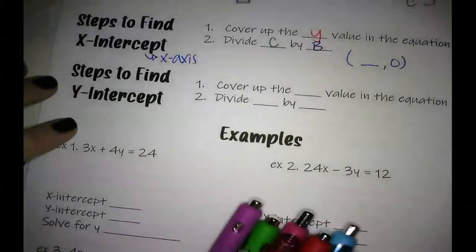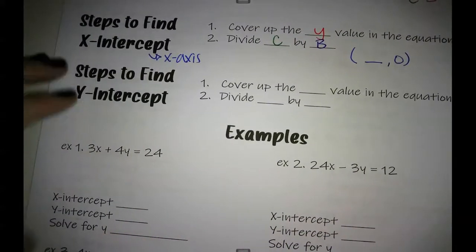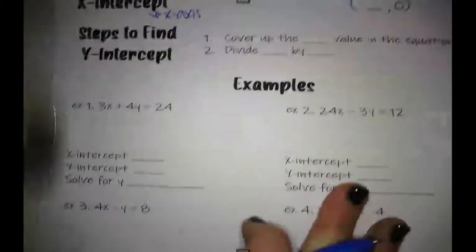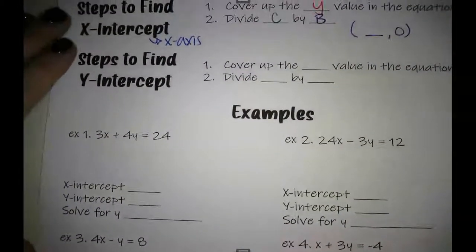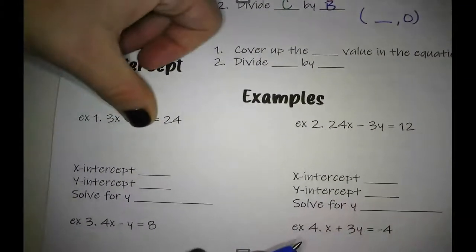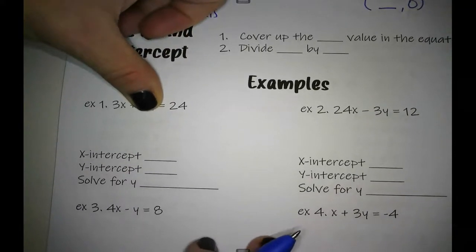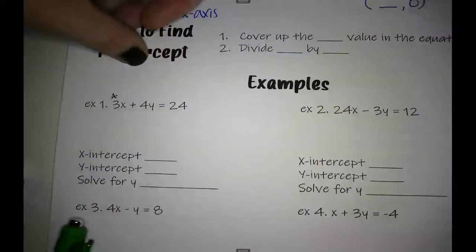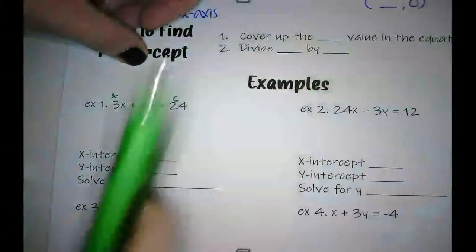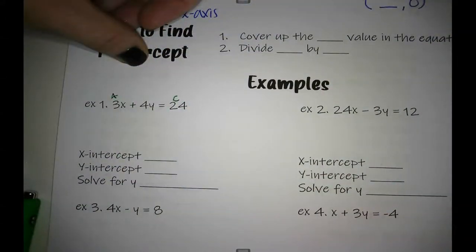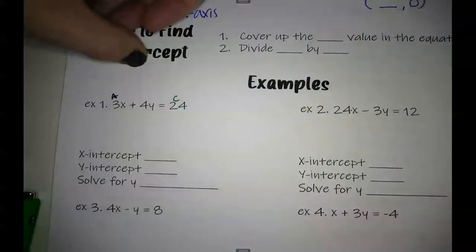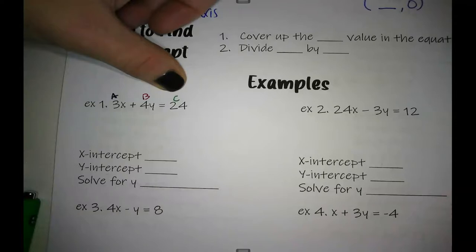So let me do that for that first example before we move on. So it says to cover up the Y value. So I'm covering up the Y value. This is AX. Oh, got my colors mixed up. This is my A, this is my B, and this is my C. So I'm covering up that Y and B values.